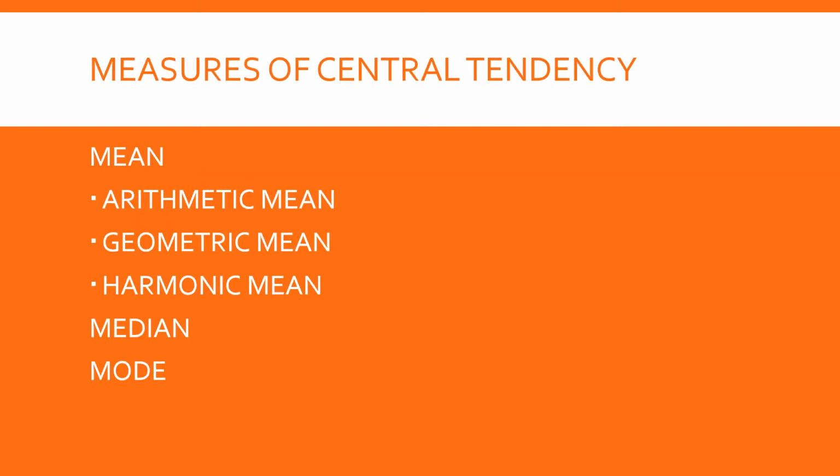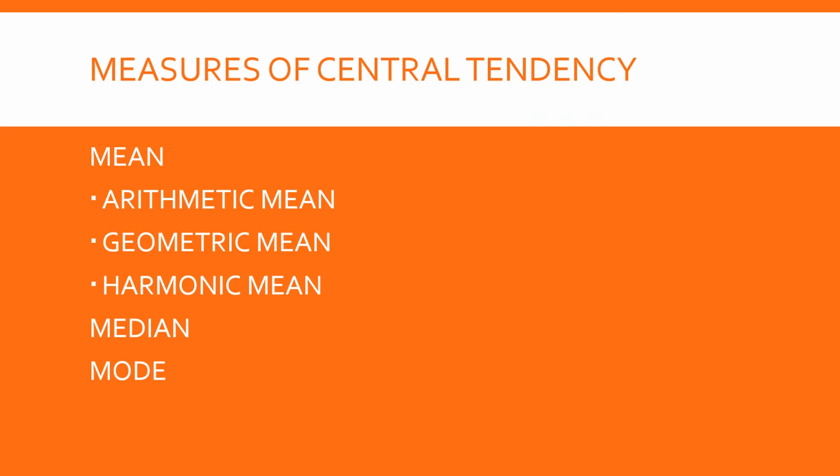There are several measures of central tendency. So first let's understand what is meant by the measure of central tendency. The measures which tell us the location or position of the central point in a series are known as measures of location or measures of central position or measures of central tendency.